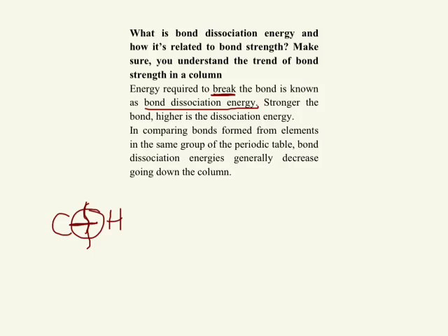Now let's talk about the energy of some different types of bonds. For example, let's say we have the same element, hydrogen, bonded to HCl, HBr, HI, and so on.